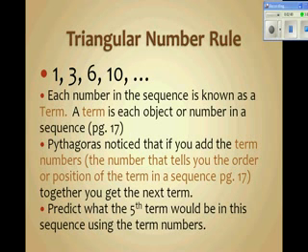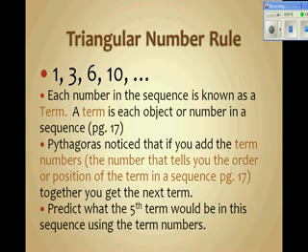If you add together the term numbers, you will get the term in the sequence. For instance, to get the second term in the sequence, you would simply add the term numbers 1 plus 2. 1 plus 2 equals 3. The term in the second position is 3.